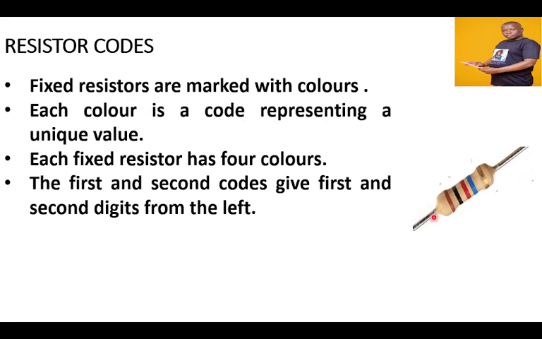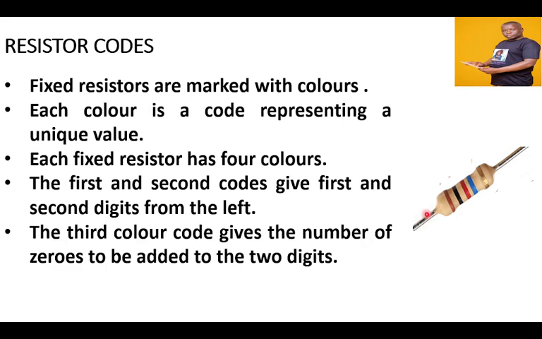So we're saying the first and second codes give the first and second digits from the left. All right, the third color code, in this case the red, this one here, gives the number of zeros to be added to the two digits that you write here. If this brown is 4 and this black is 2, then you have 24.